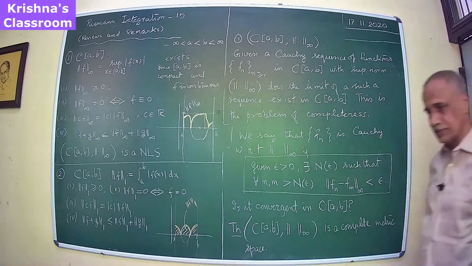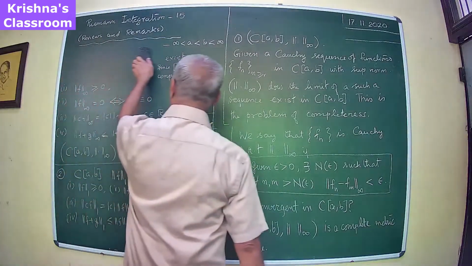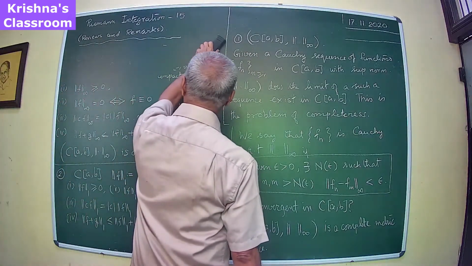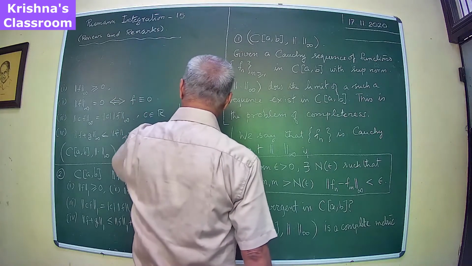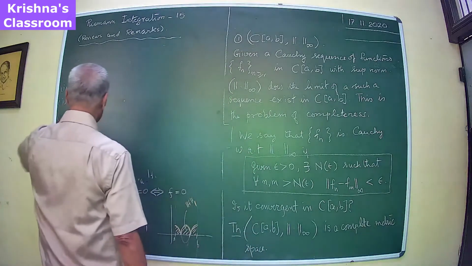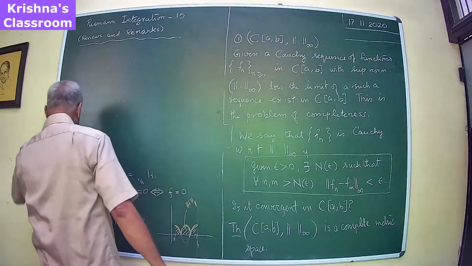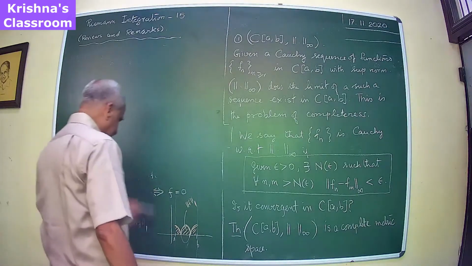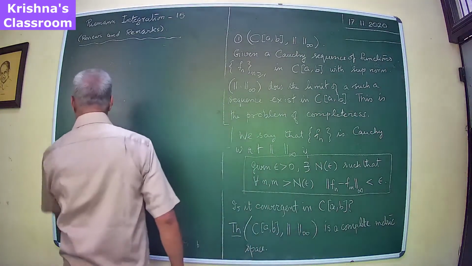Try to prove this result. I will just outline it, and maybe you can write the details. What are the things to be proved? First of all, you have to show that it converges to something. So we start with the sequence.